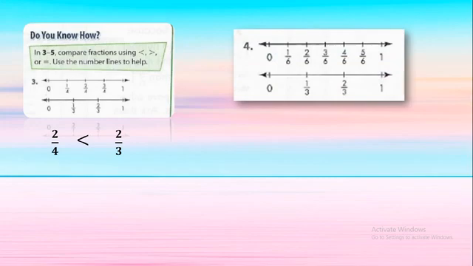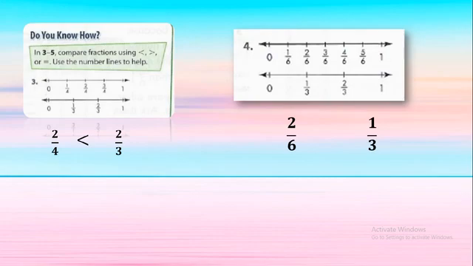Another one, number 4. Let's compare 2/6 and 1/3. Same as number 3, we are using two number lines to compare because they refer to two different wholes. The denominators are different. So what can you say about 2/6 and 1/3?